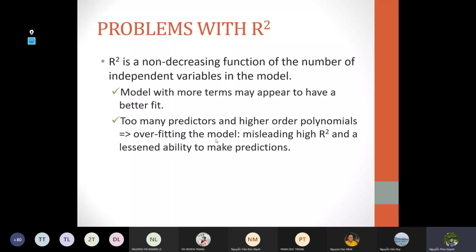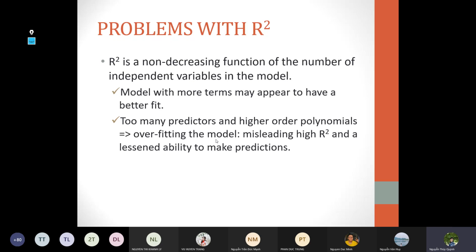All right, so sometimes when we try to make R square high, the form of the model may not be the model that we want in the population regression model.